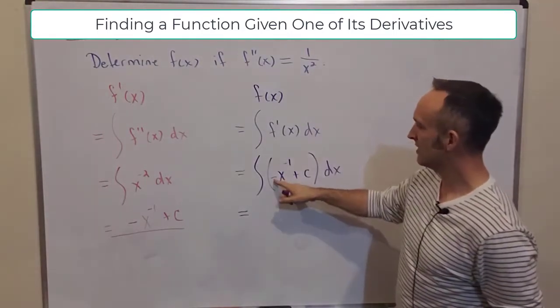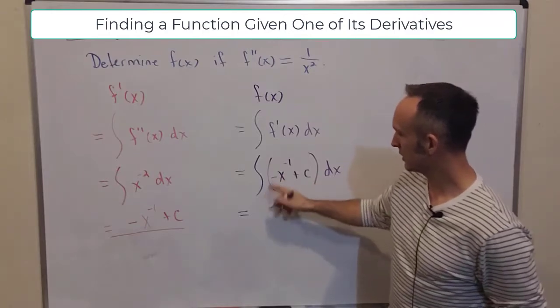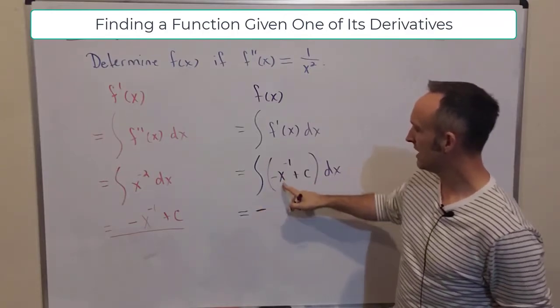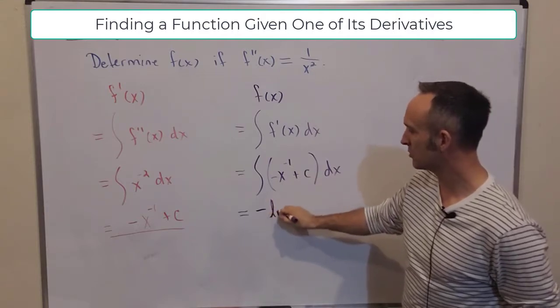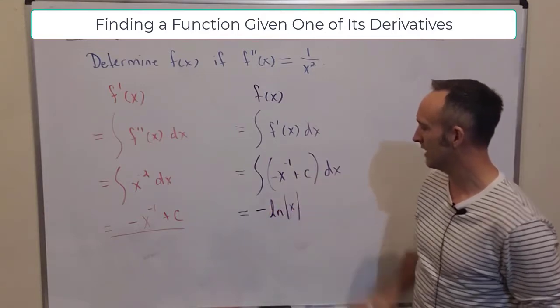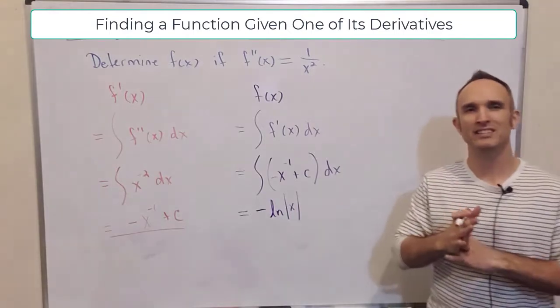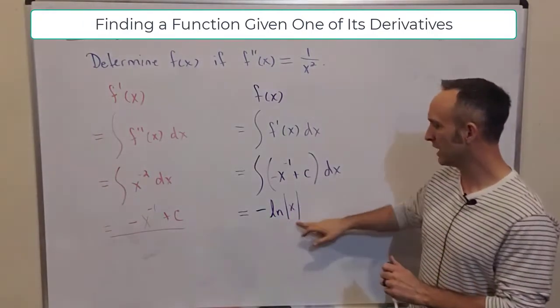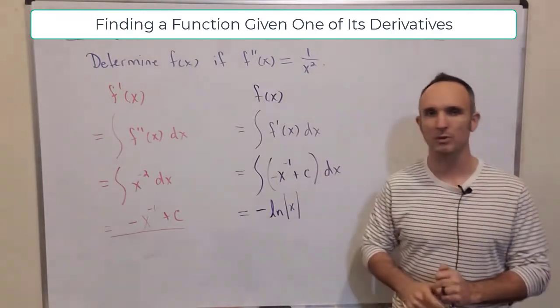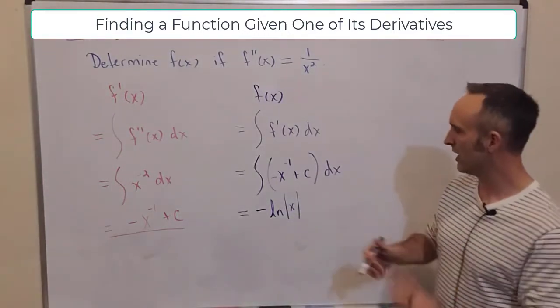In fact, we're going to carry down the coefficient of negative, and the antiderivative of x to the negative first, recall, is the natural log of the absolute value of x. So many things to get wrong there. Trying to use the power rule when you can't. Forgetting to put absolute values around your argument. Okay, so be really careful with that.